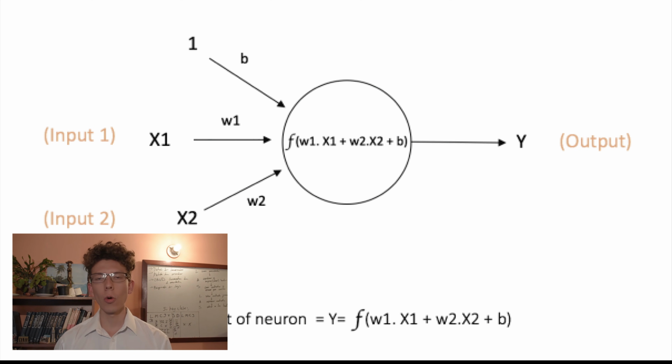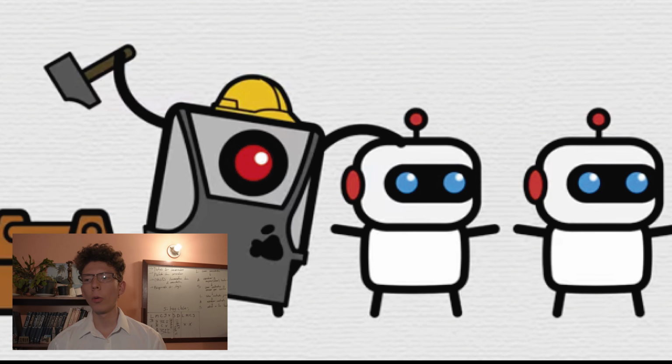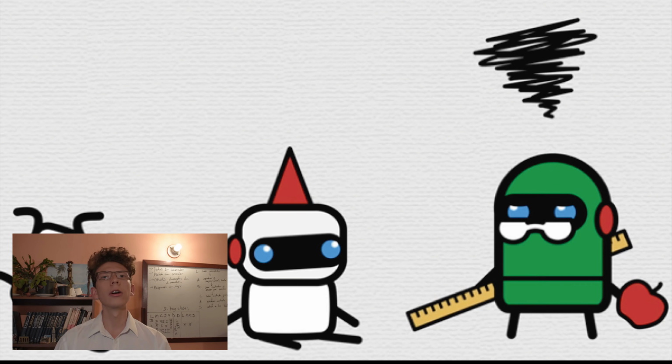To explain this, we have this analogy. First, we have the robot builder, who creates different artificial intelligences with a small difference in their neural networks. And then we have the teacher robot that eliminates those robots that have the least successful results.